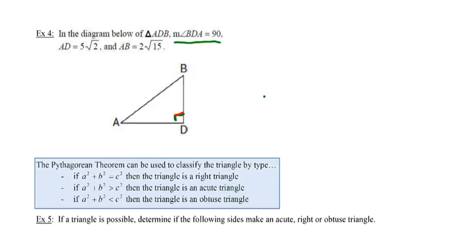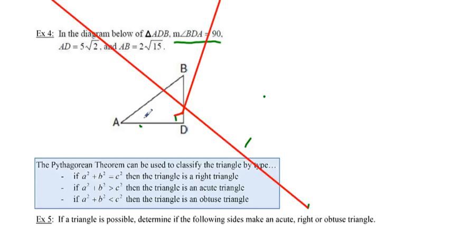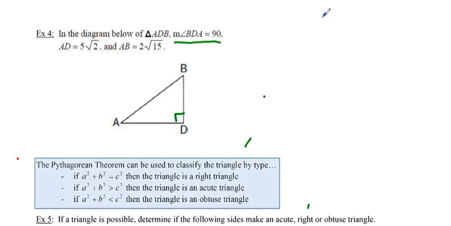So there's our right angle in that picture. The length of side AD is 5 square roots of 2, so I'm going to label AD with 5 square roots of 2. And side AB I'm going to label with 2 square roots of 15. Although they don't specify in the directions, they want us to find the length of BD, the missing side. I'm going to call that X.